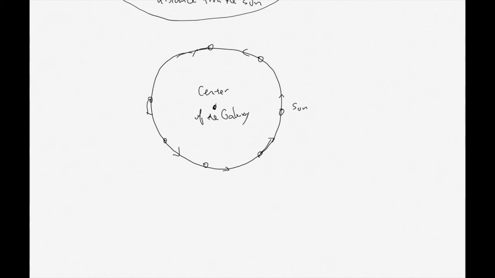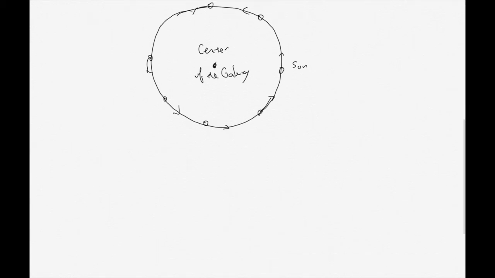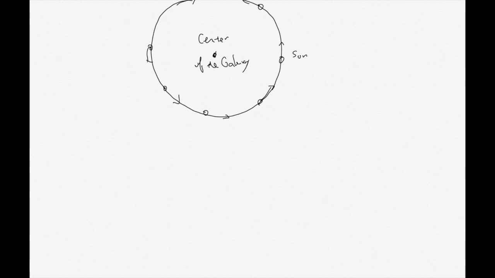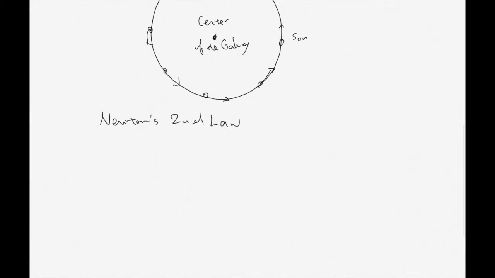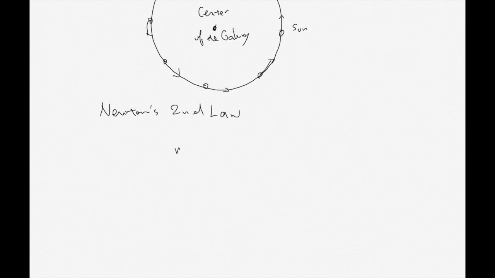In order to find the mass, we use Newton's second law. Do you remember Newton's second law? It is mass times acceleration equal to F, the force acting on this object.